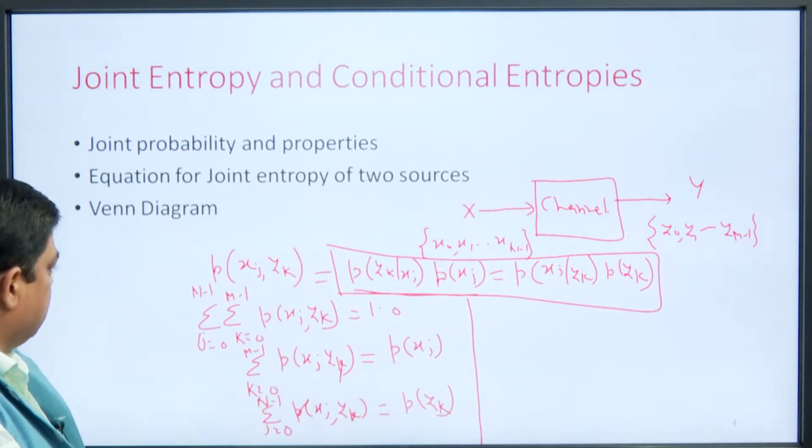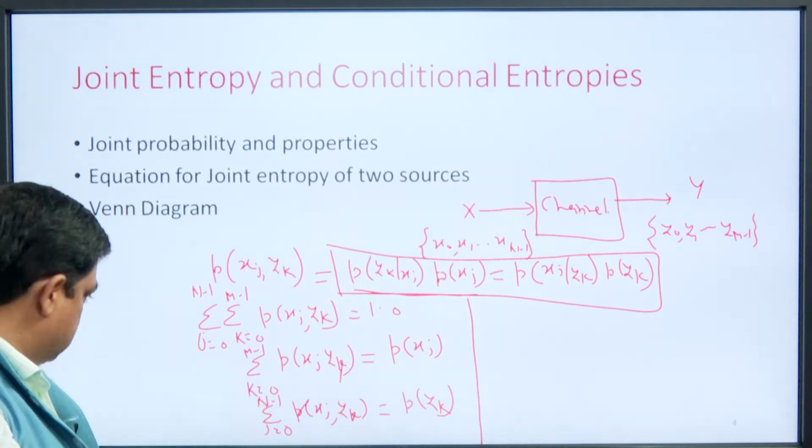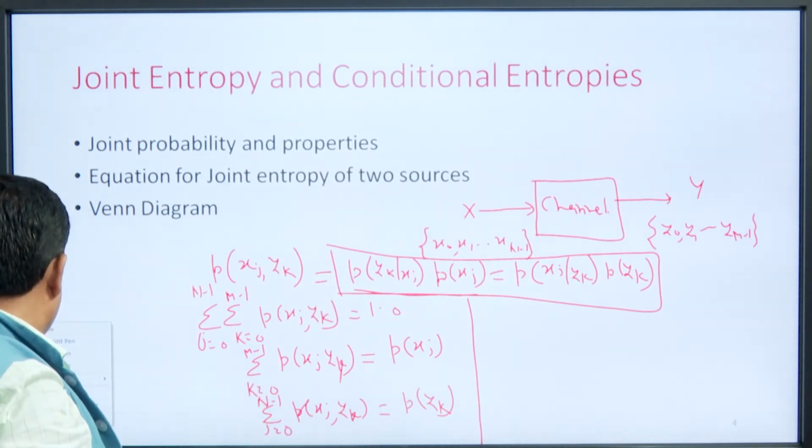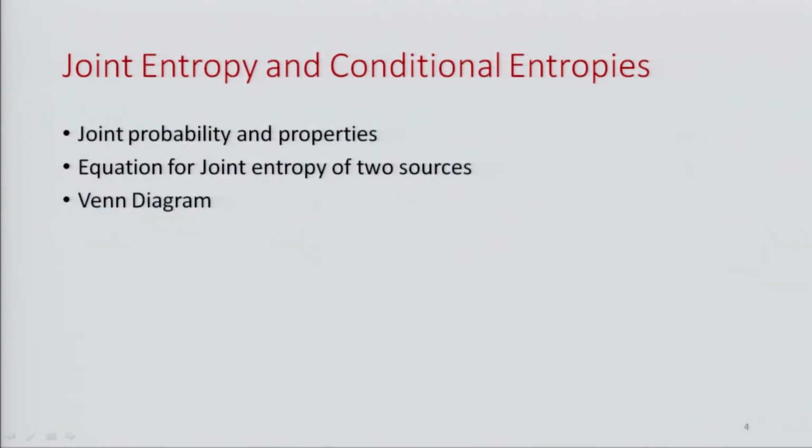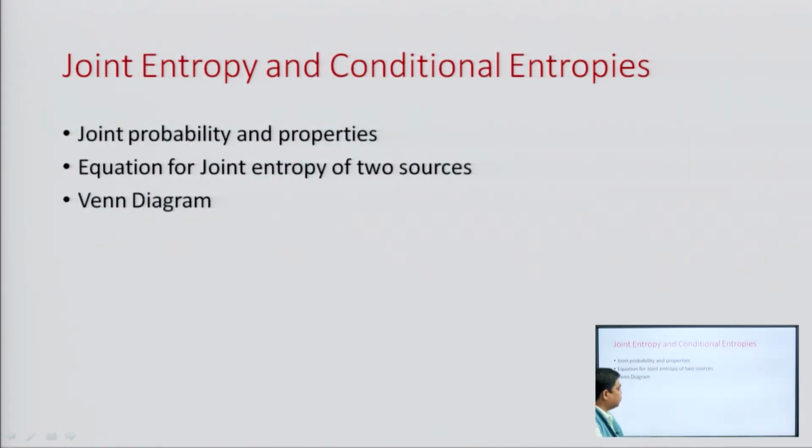Now come to the next, that is the equation for the joint entropy of two sources. The same sources x and y, x as an input source for the channel, y as the output source for that channel. We can calculate the entropy of the joint source x and y.